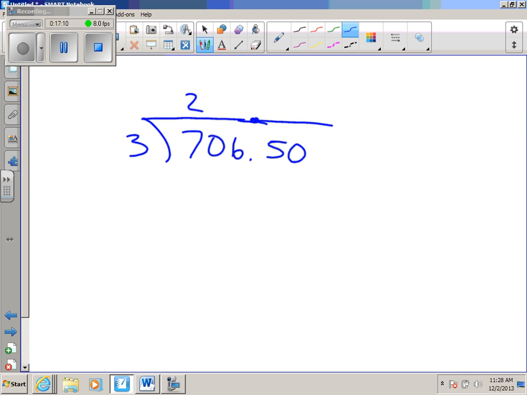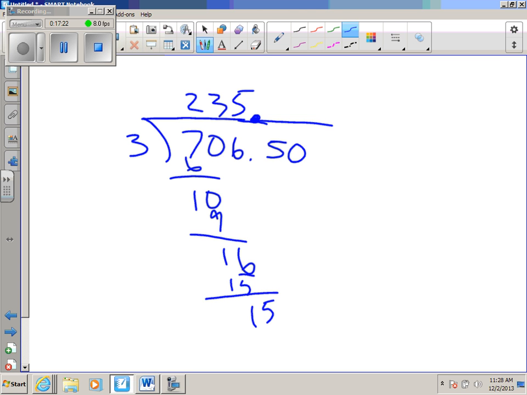So 3 into 7 is twice. 3 into 10 is 3. 3 into 16, 5. There's my decimal. 3 into, did I drop that 5 already? No. 3 into this 5 here is 5. So $235.50 is what they paid for each payment.